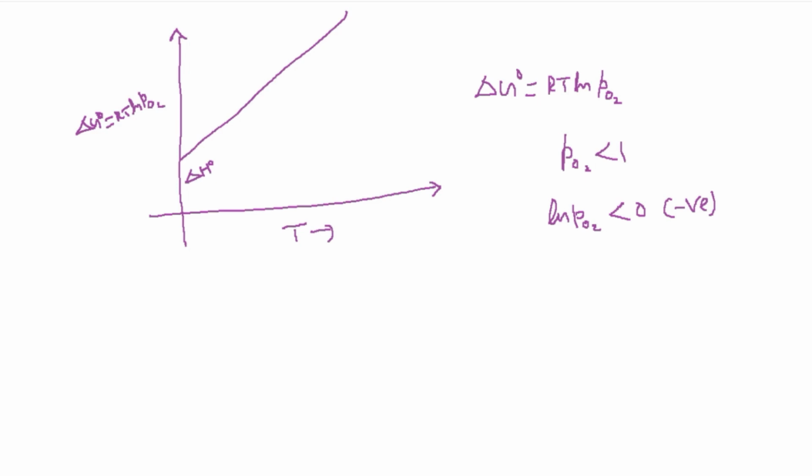If a numerical value is greater than 1, its log value is greater than 0. So this value is negative, and hence delta G naught is negative. When the partial pressure of oxygen is greater than 1, delta G naught will be positive. In such a case, the metal oxide formation reaction is not feasible.